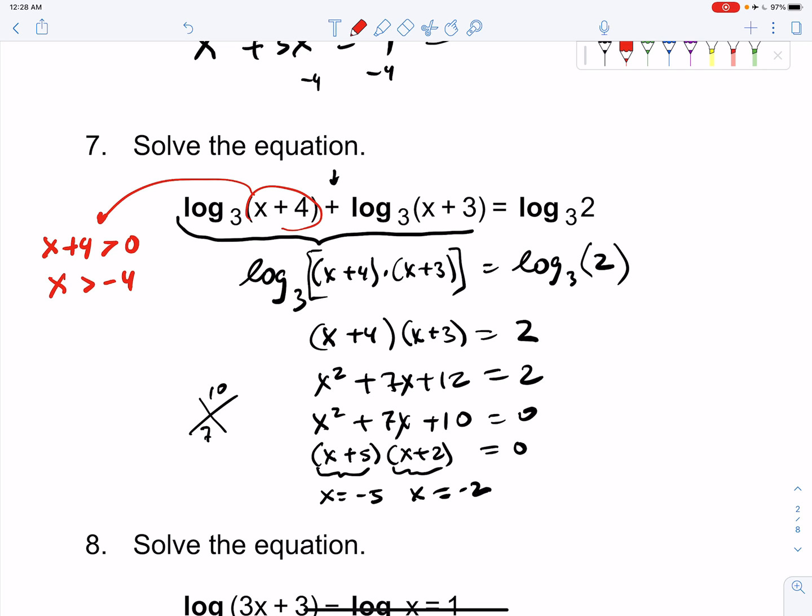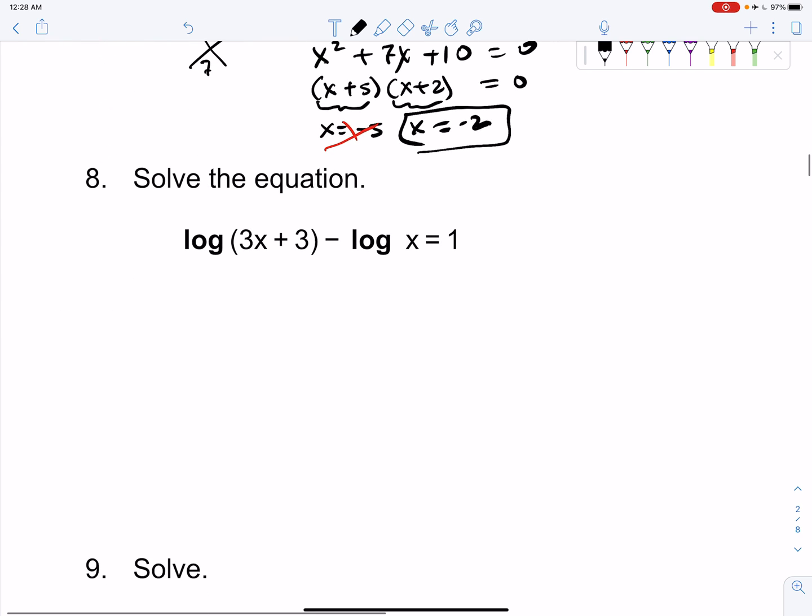So negative 5 is not greater than negative 4, so that's already gone. Negative 2 is greater than negative 4, so that's okay. And when I take a look at this argument, x plus 3 must be greater than 0, so therefore x must be greater than negative 3, and negative 2 is greater than negative 3. So we have a winner, just negative 2.